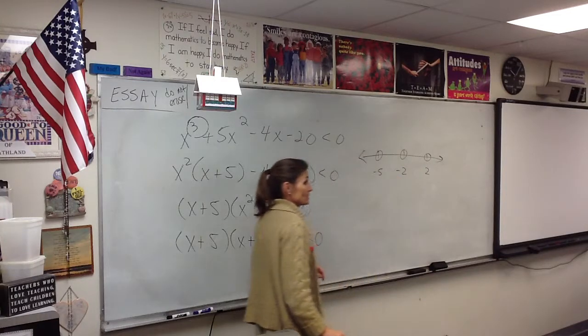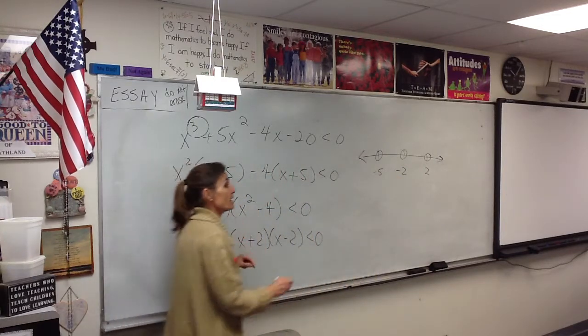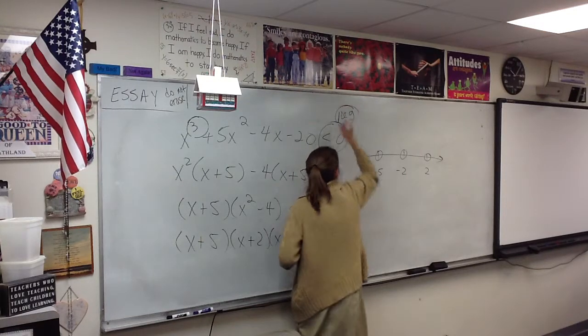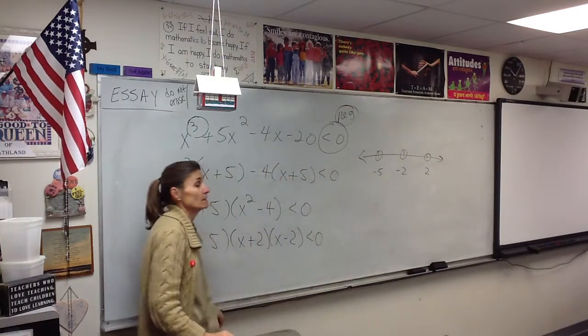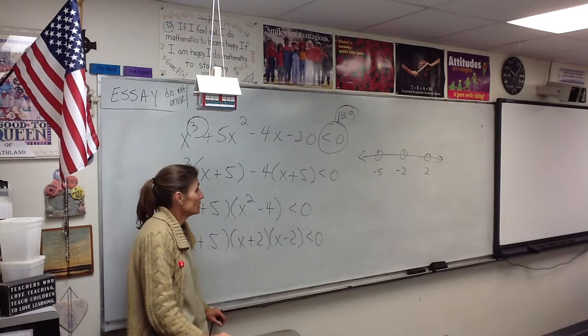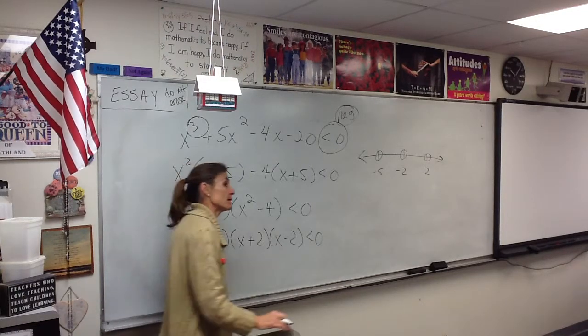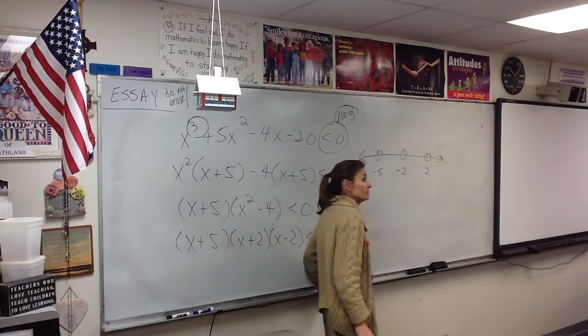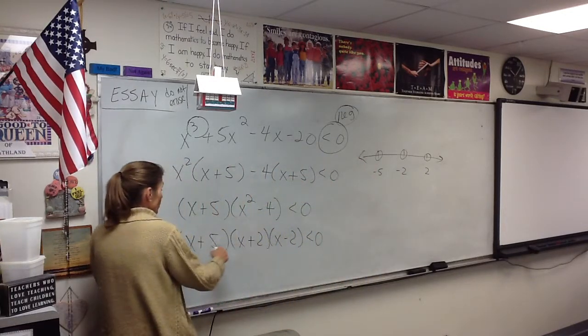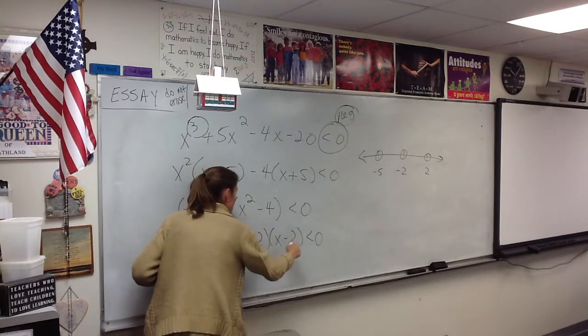Open dots or closed? Open. And I can see from my problem that I am shooting for a negative result. So Ethan Topham, pick a number. What number did you pick? -6. So we're going to pick -6. We're going to put it in here, here, and here.